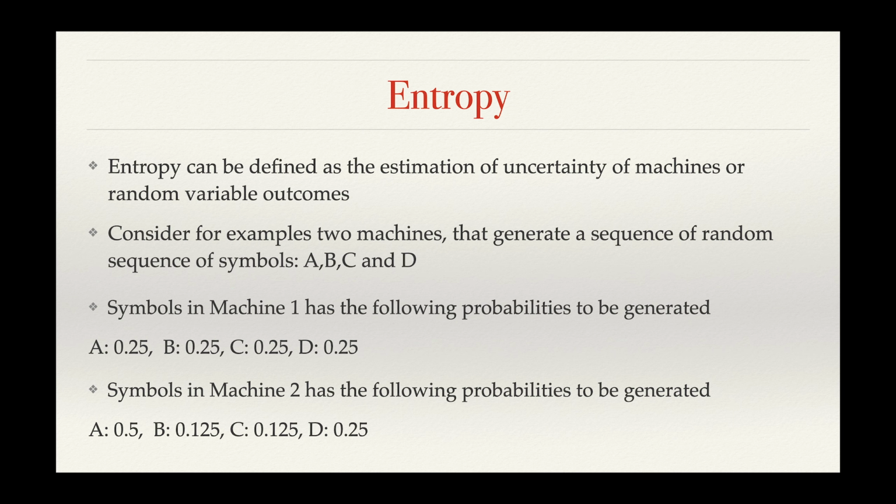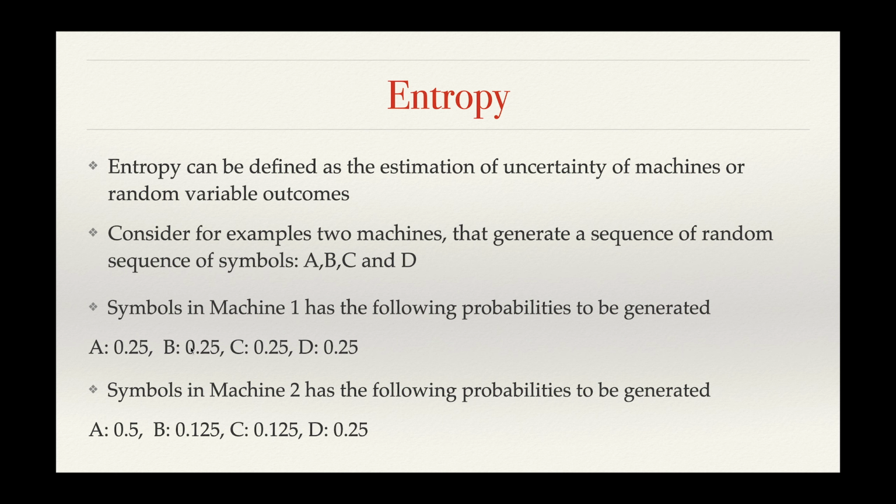The difference between machine A and machine B is the probability distribution of generating one symbol. For example, machine A has a uniform probability distribution, which means it has a 25% chance to generate A at each step of the sequence.